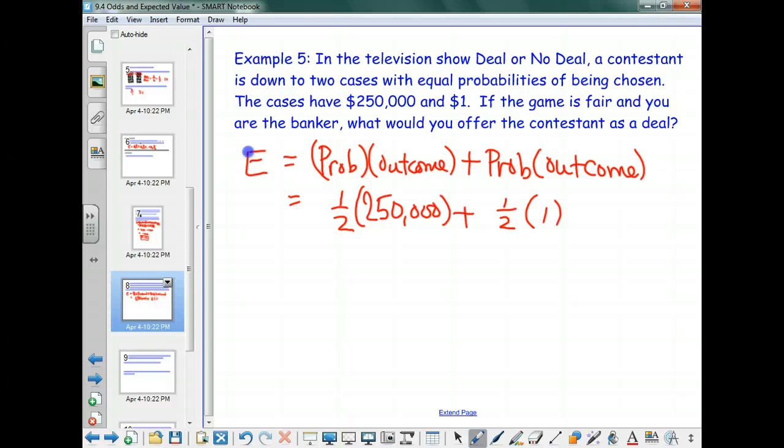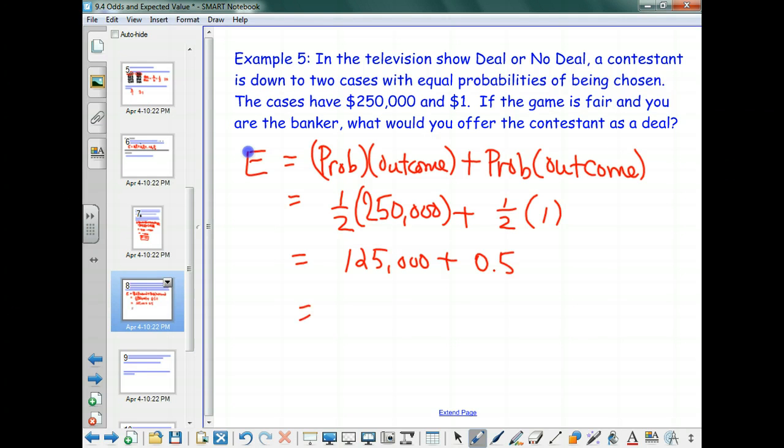All right, so you're going to take your calculator, or you should be able to do some of this in your head. Do all of it, to be honest, in your head. What is $250,000 times 1/2? Yeah, it's $125,000. And what is 1/2 times 1? 0.5.